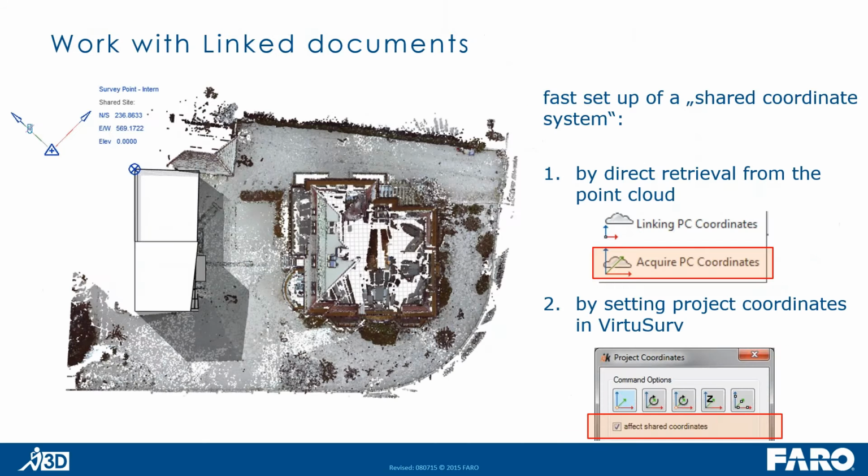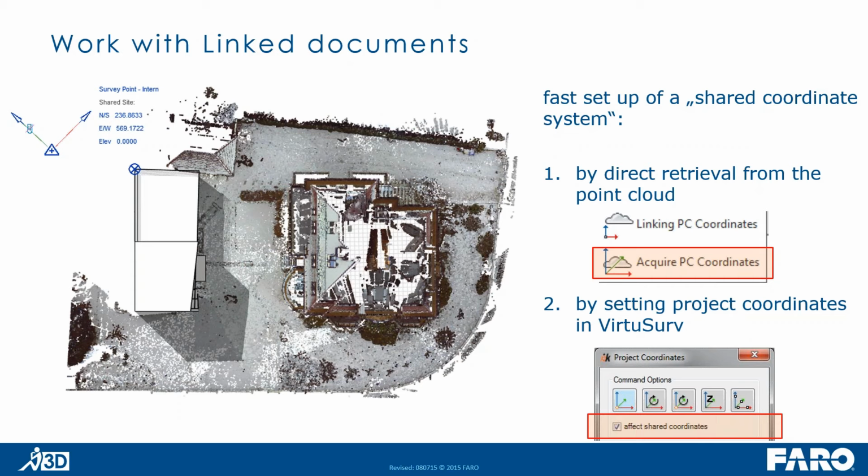But this should be all for the moment for the theory. Now I want to go more into detail on the features, and I will show you something live and something in a short video. So first of all, if you have inserted the point cloud in your Revit project, you have to set up your project coordinates, and here PointSense helps you by acquiring shared coordinates from your point cloud.